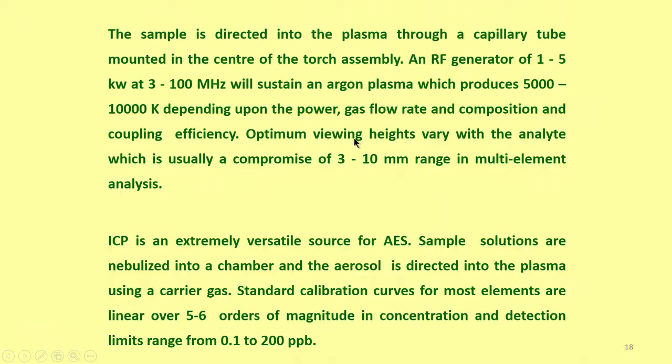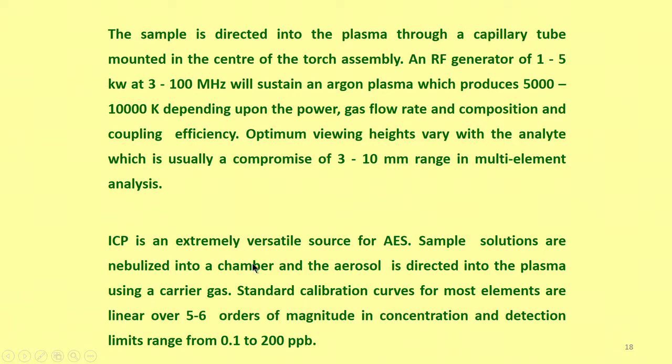So, optimum viewing heights vary with the analyte, which is about 3 to 10 mm range in multi-element analysis. You remember the nozzle? In front of the nozzle there is a plasma range, that is 3 to 10 millimeter distance plasma. In that plasma you can do multi-element analysis if your sample comes through as an aerosol.